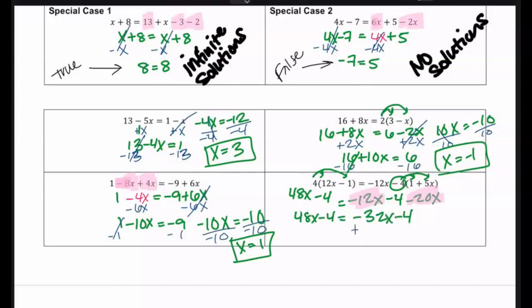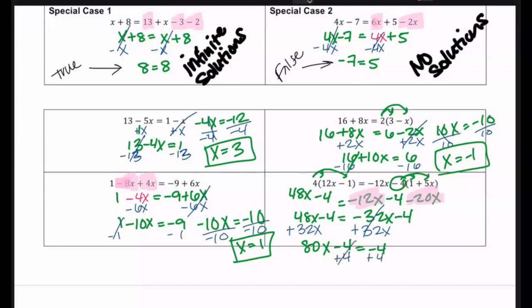Move my variable to the other side. So that cancels out, and that leaves you with 80x minus 4 equals negative 4. Kick the constant to the other side using inverse operations.